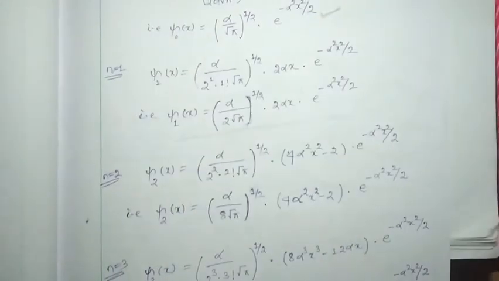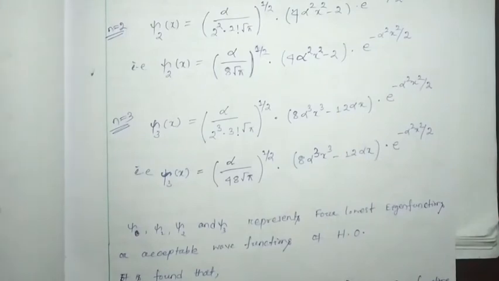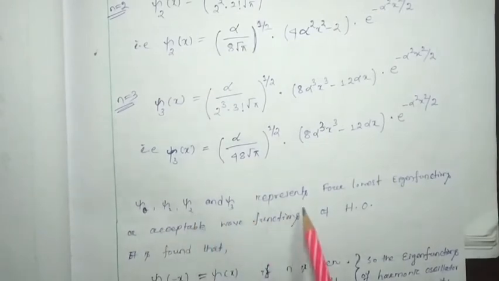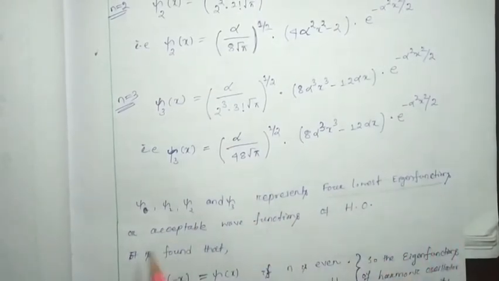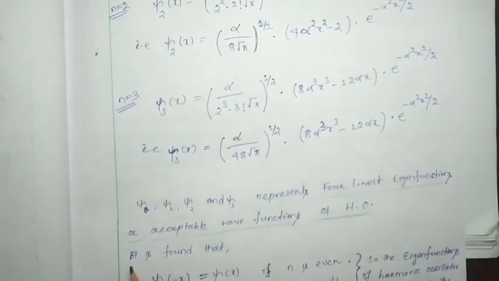In this way you can also find higher states' eigen functions. So here psi 0, psi 1, psi 2 and psi 3 represent the 4 lowest eigen functions, or acceptable wave functions, of the harmonic oscillator.